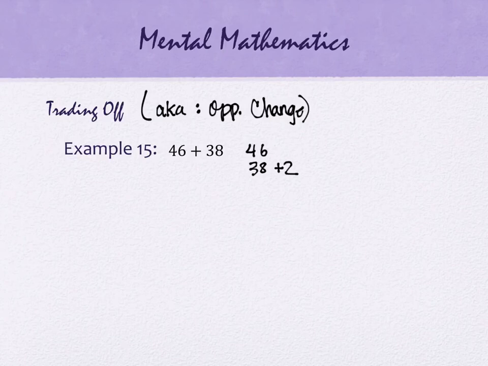We add to the 38, which means that we have to subtract from the 46. So 46 minus 2 would be 44, and 38 plus 2 would be 40. Then the addition is quite simple because there are lots of zeros involved. Again, 3 steps: I took away 2 from one, added 2 to the other, and added the results together.